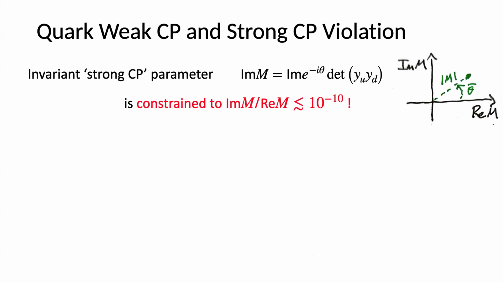In the quark sector, there is this complex number M, which is field-redefinition invariant, which combines the determinant of the up and down quark Yukawas with the topological angle of SU3, that's theta. And the imaginary part of M is CP odd. It tells you how much CP violation there is in the strong theory of the quarks.